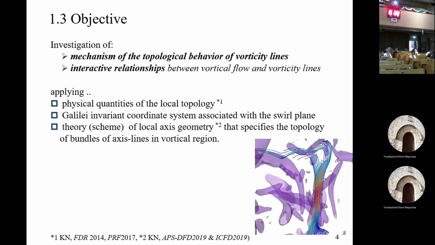So our present objective is the investigation of the mechanism of the topological behavior of vorticity lines, and of the interactive relationships between vortical flow and vorticity lines, applying some physical quantities of the local topology, and introducing a Galilean invariant coordinate system associated with swirling planes, and a serial scheme of local axis geometry that specifies the topology of the bundle of axis lines in the vortical regions.